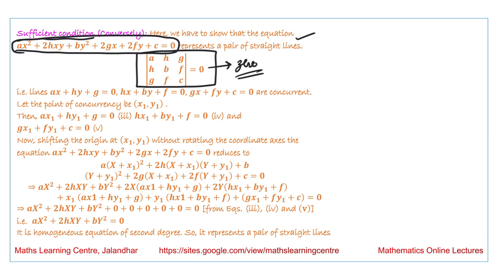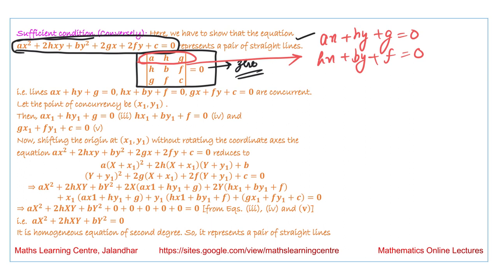From the condition that this determinant is 0, consider three lines: ax plus hy plus g is equal to 0, this is from the first row. Next is hx plus by plus f is equal to 0, the second line, and the third line is gx plus fy plus c is equal to 0.